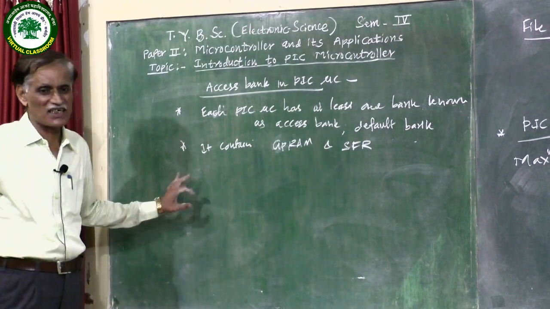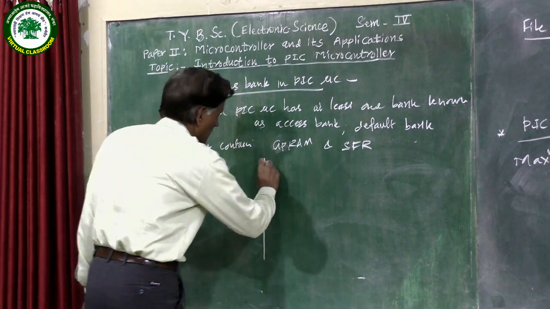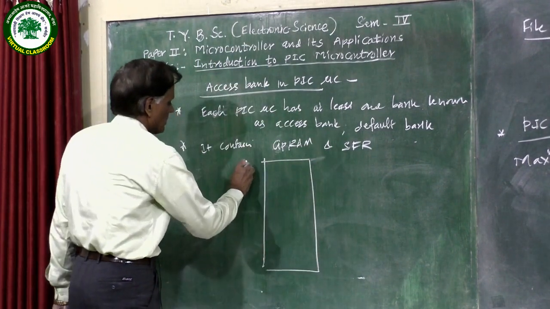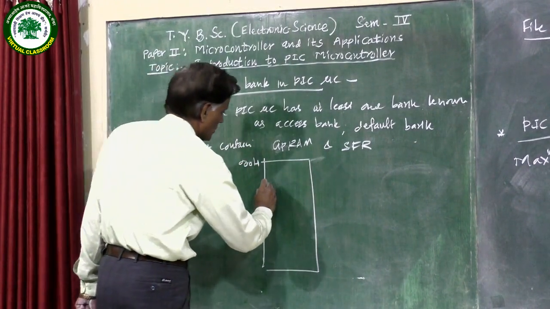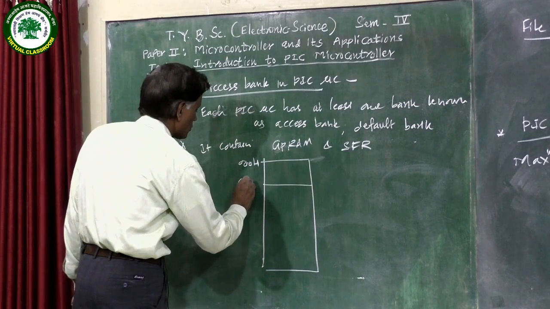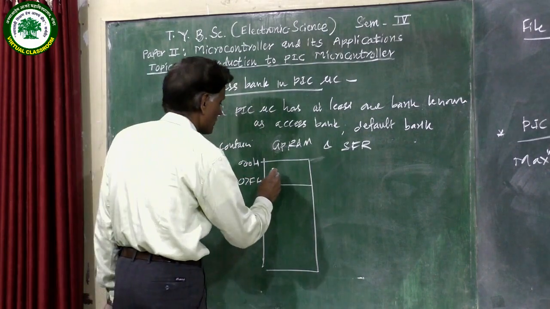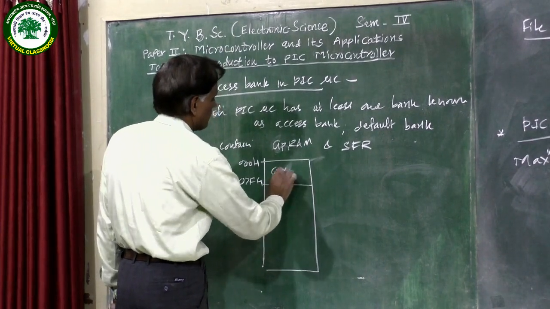Here I will draw the simplified view of the access bank in brief. The data memory area ranging from 00H to 07FH, meaning 128 bytes, is related with GPRs, GP RAM.